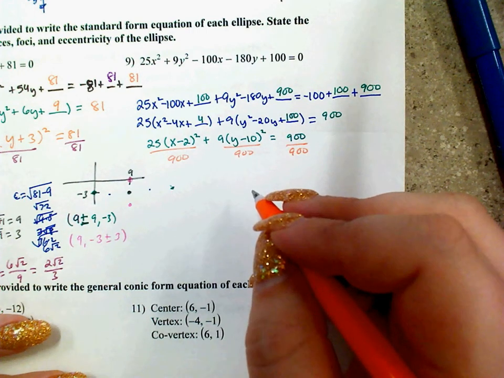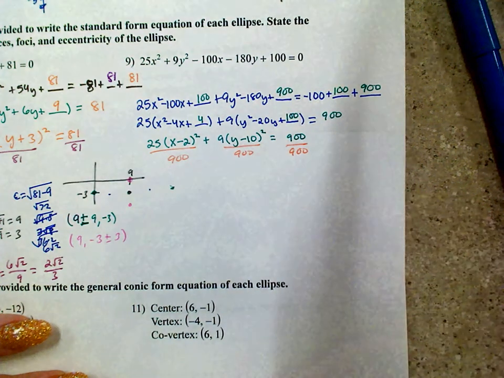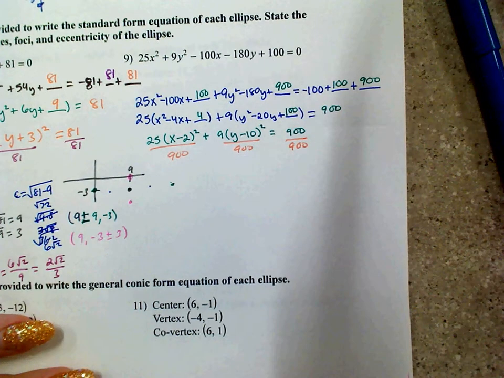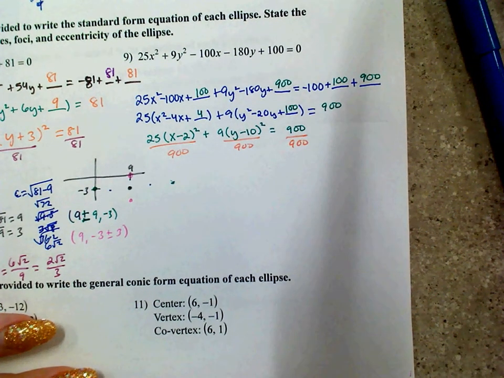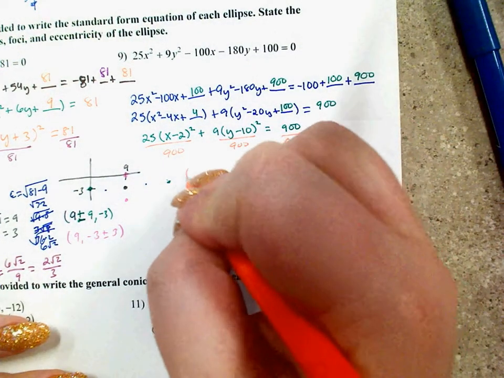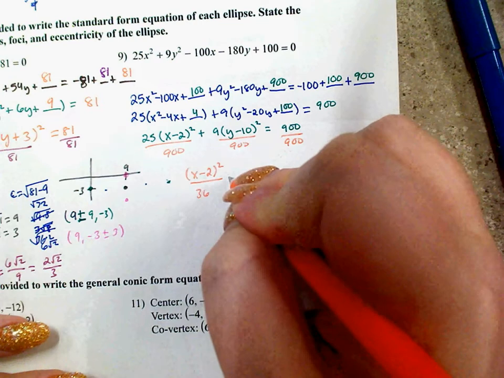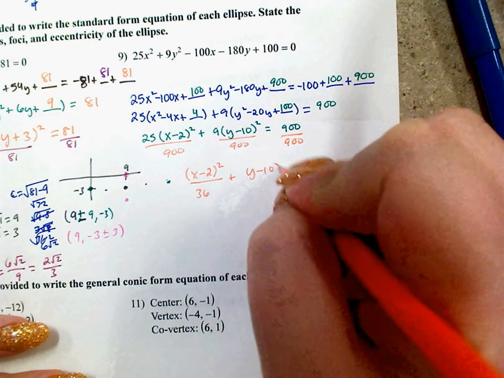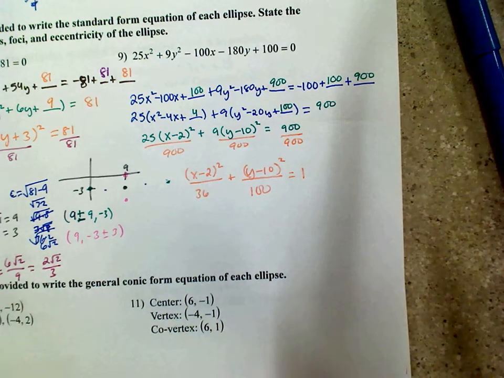I think so. Let me check, make sure. Yeah, okay. So I've got x minus 2 quantity squared over 36 plus y minus 10 quantity squared over 100 equals 1.